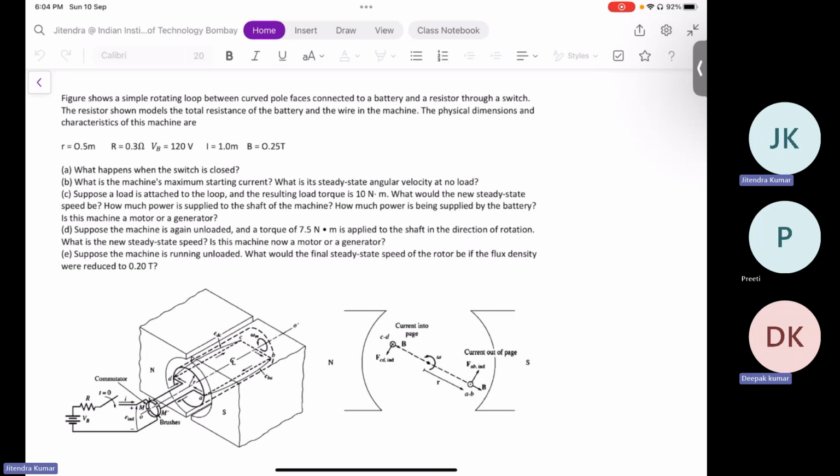Yes, sir, from the assignment. Okay, from the current week's assignment, whichever you have submitted. Yes, sir. Okay, so what is the doubt? Please.